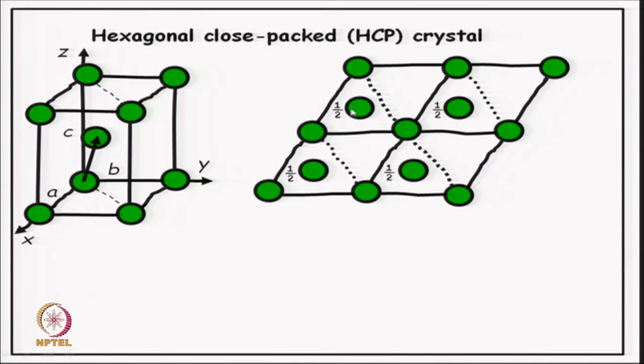And I have given a fractional coordinate, half, to indicate that the position of this internal atom is half the unit cell height. It is half c, c by 2. So, the indication of that is given here by this fractional coordinate half.